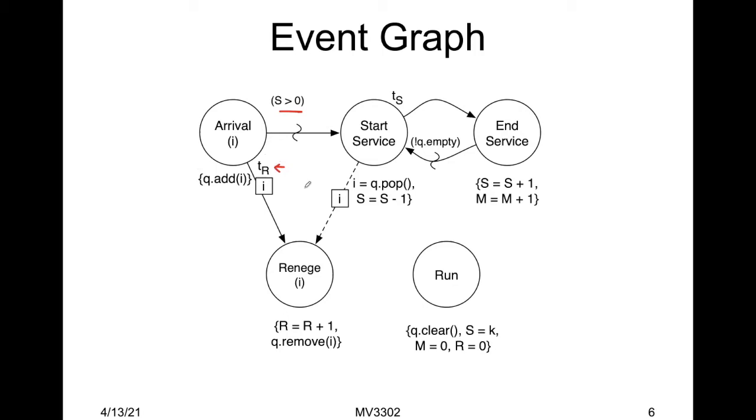In the implementations, this is going to be a random variable generated from a new random variable. Now I'm going to schedule my renege event with the delay of this renege time, and I'm going to pass it the parameter I as the argument.